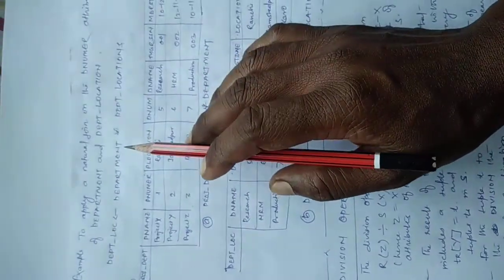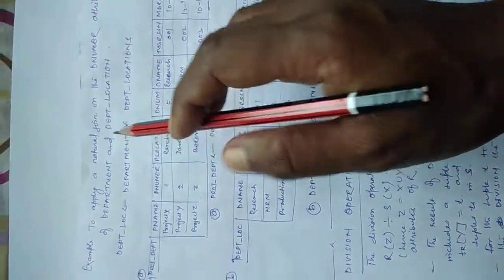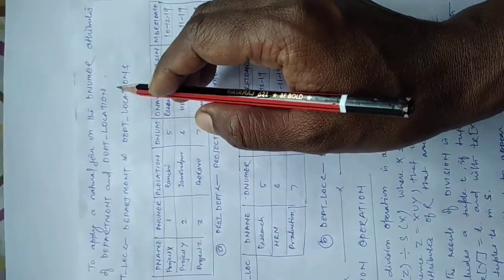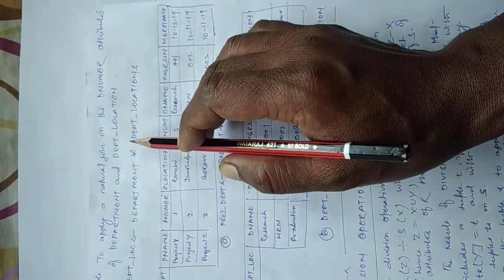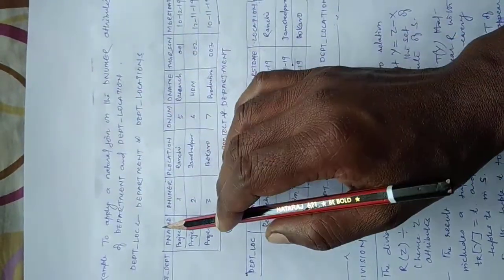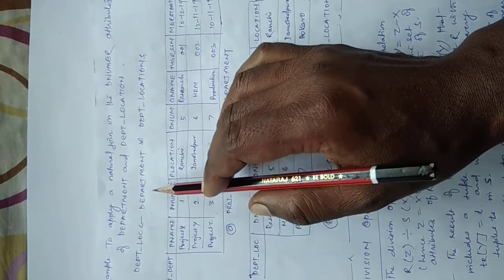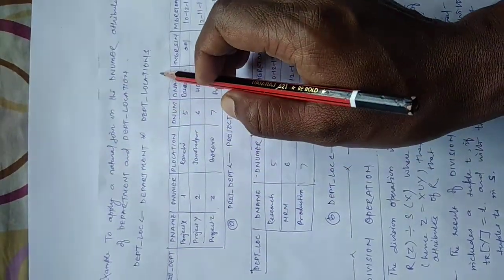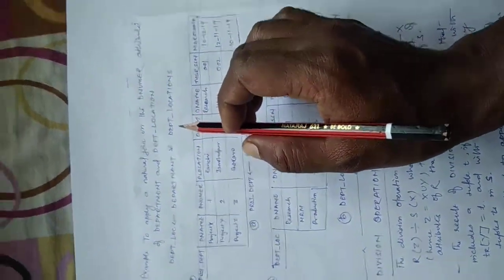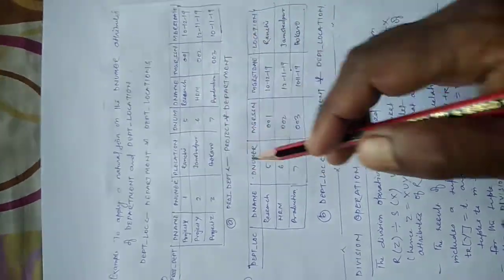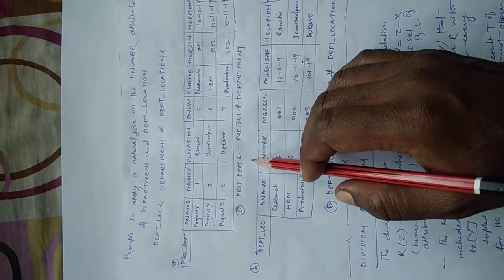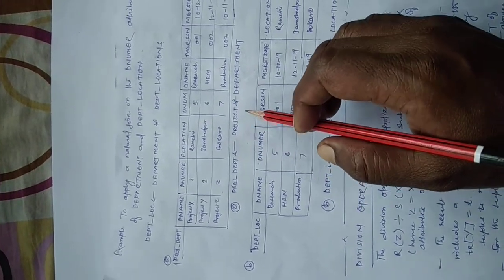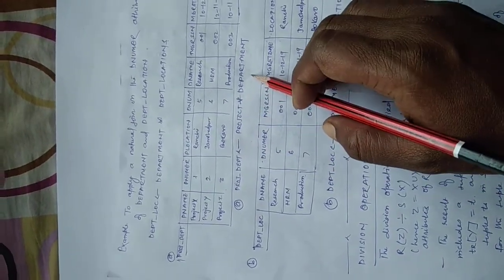Example of natural join: to apply natural join on the D number attribute of the department and department locations. The department location is the result of department and department locations. How to get it? First of all, you see project natural join department.